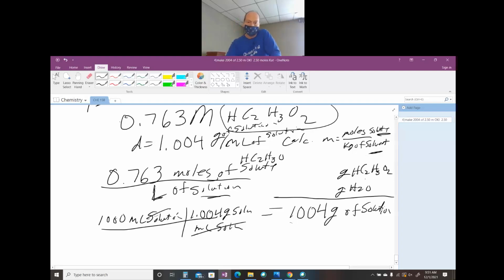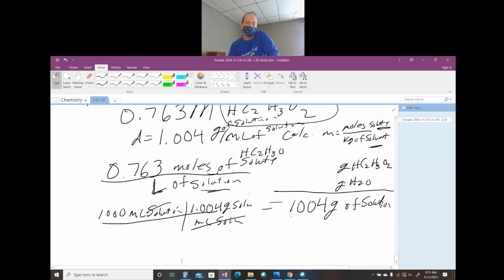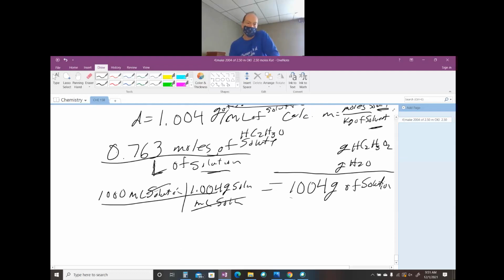So how are we going to get our grams of acetic acid? All right, so we have the moles, and we can just multiply by the molar mass, and we will have the grams of acetic acid. So 0.763 moles of acetic acid and we need to multiply it by the molar mass, grams per mole.